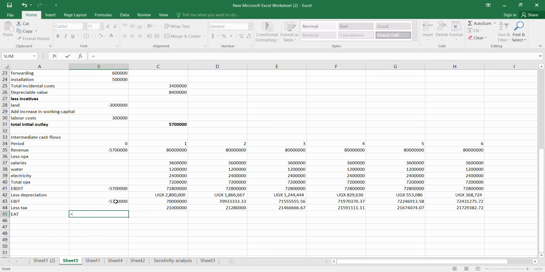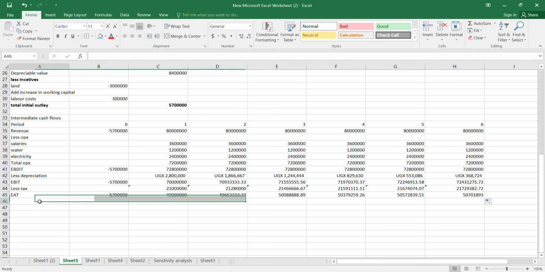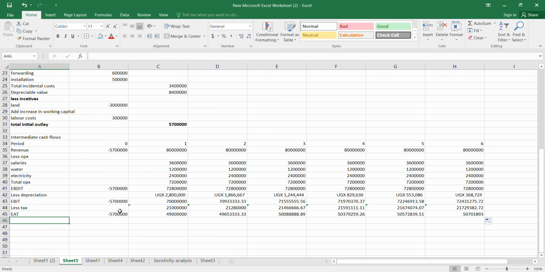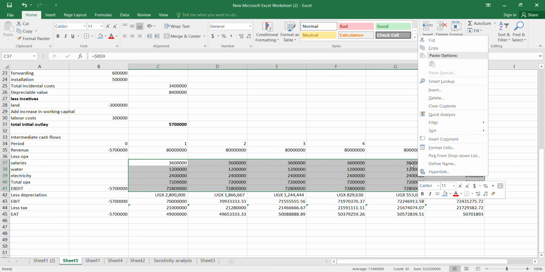There will be this value here minus the value of the tax. Okay. The earnings after tax. The first change is to format the cells to UGX.